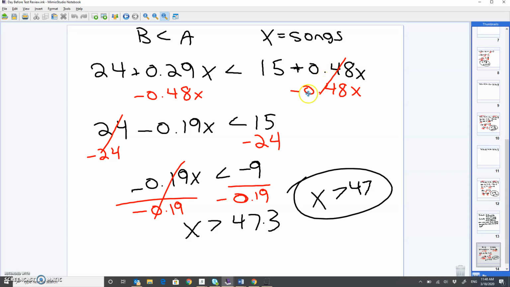We get the x's together by minusing 0.48 from both sides. We then subtract 24 to get the x by itself, divide by negative 0.19, and we are left with x is greater than 47.3, so x must be greater than 47 in order to make Site B the better option over Site A.